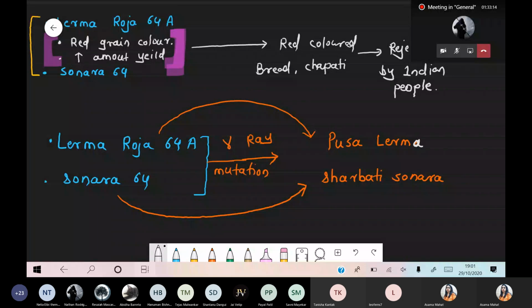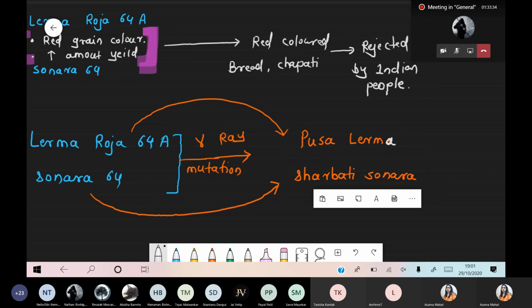species. Lerma Rosa 64A, which is the red color high yielding variety of the wheat, is now known as Pusa Lerma, and Sonara 64, after the mutation, was given the name Sharbati Sonara, because it is converted into a different species. Everything is same, but with these two, one change happened, a change with respect to the color of the grain.